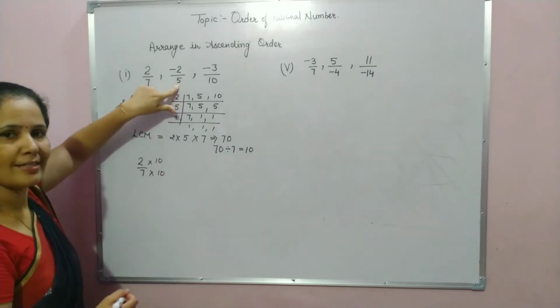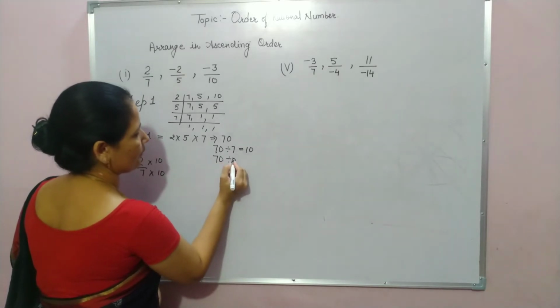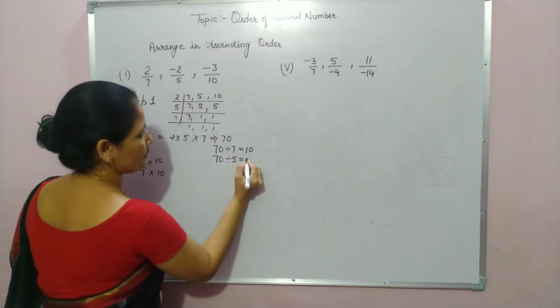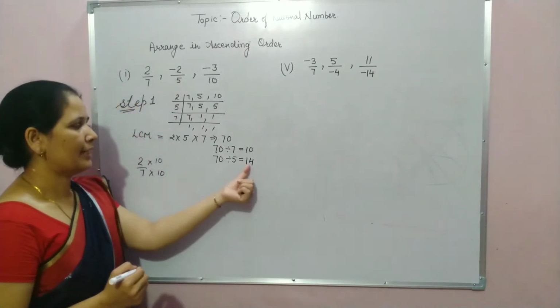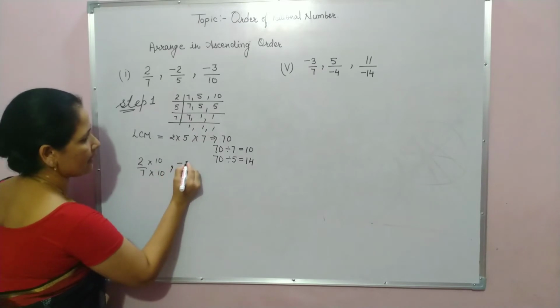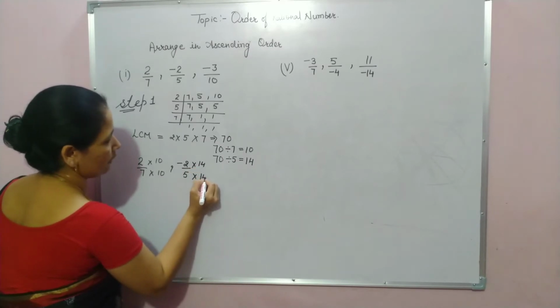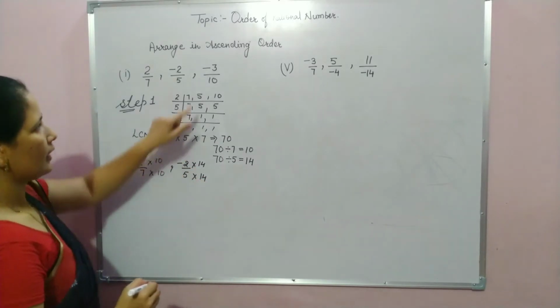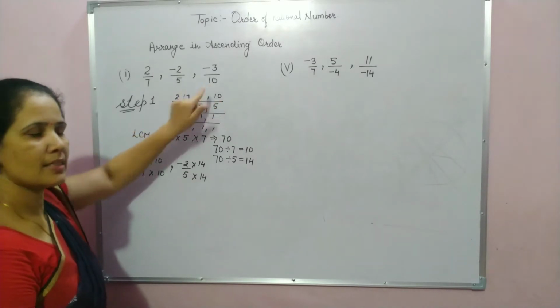Second denominator is 5. When 70 is divided by 5, we get 14. So the second rational number, minus 2 by 5, is multiplied by 14 in numerator and denominator. Okay students. Now third, if 70 is divided by 10, we get 7.